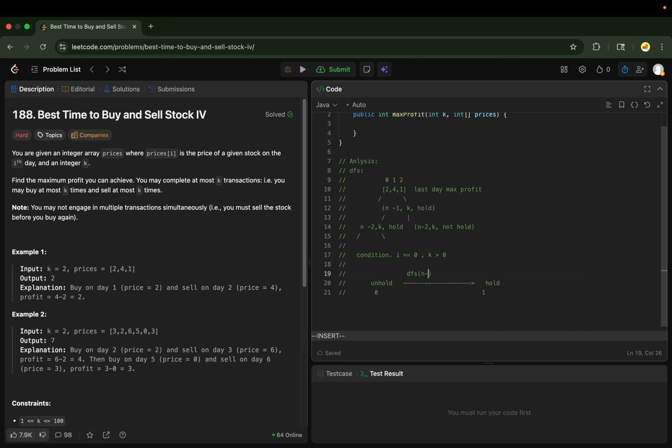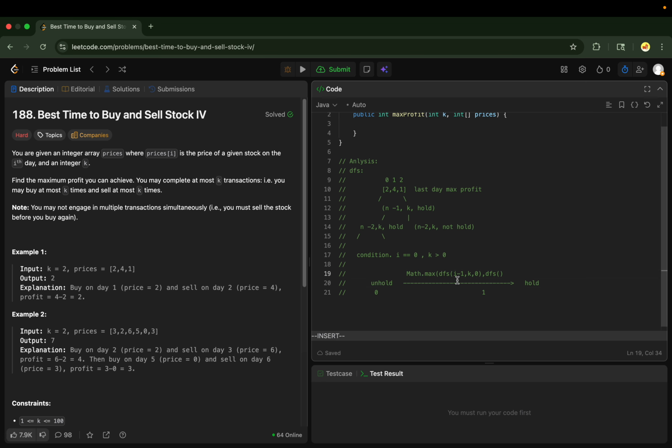So this is i minus 1, translate like max of previous, this one is 0 not hold, and make sure the k is valid. DFS i minus 1, the previous one, right?